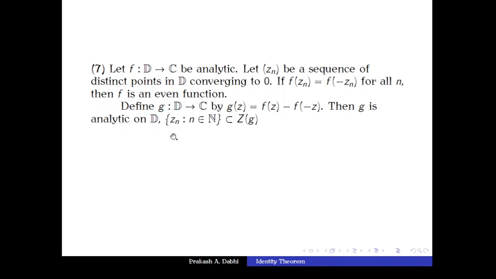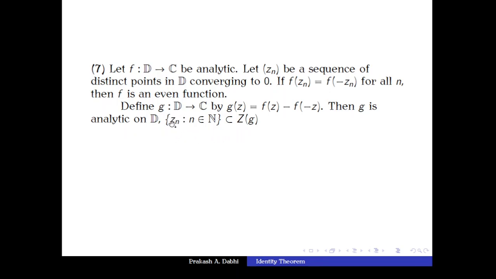One can also see that the set {z_n} is contained in the set of zeros of g. Why? That is the hypothesis: f of z_n is the same as f of minus z_n. So g of z_n is f of z_n minus f of minus z_n, which becomes 0. So this set is contained in the set of zeros of g.